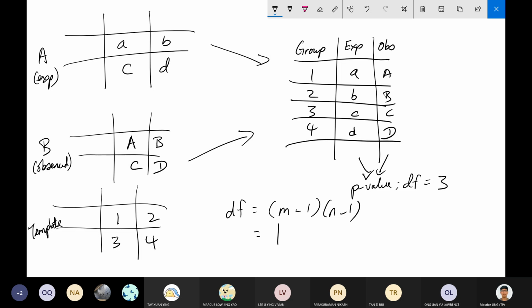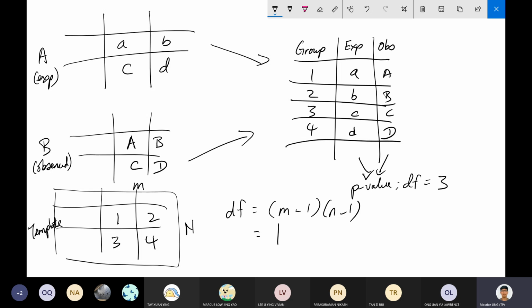Make sense? It's actually based on this template here. So you have m columns versus n rows. So essentially, you just have degrees of freedom equal to 1.